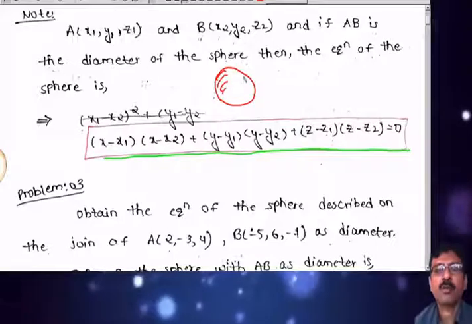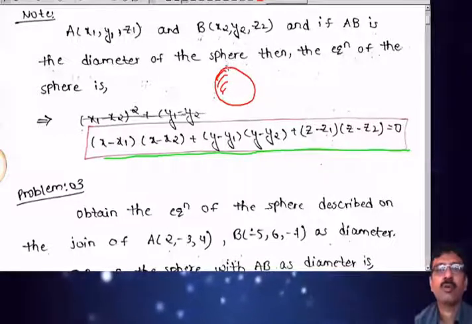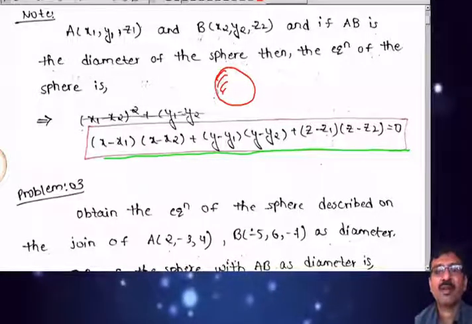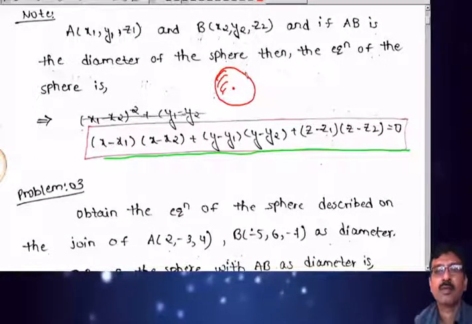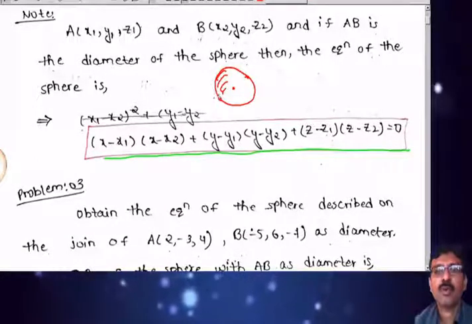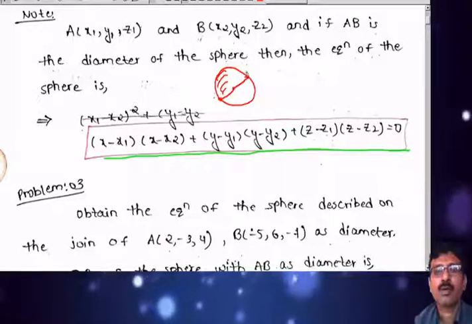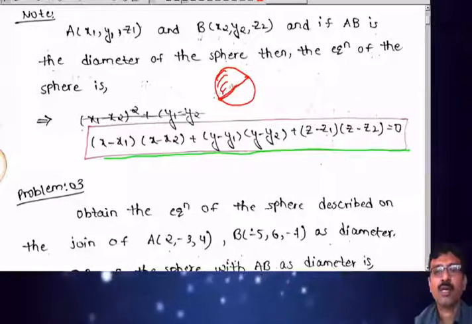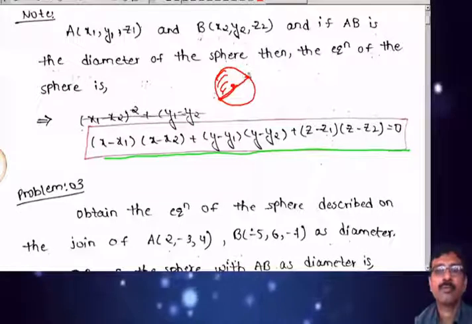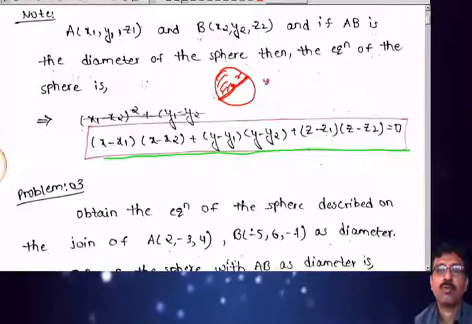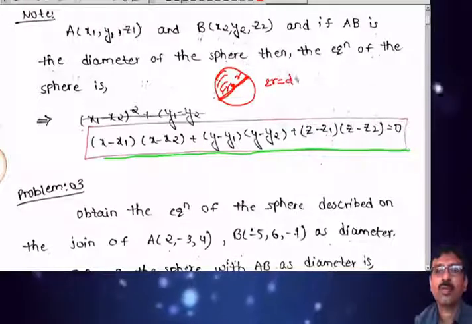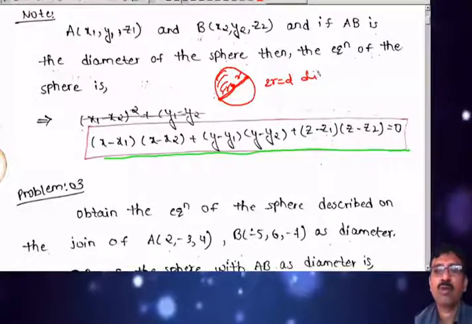I'm not going to draw an exact sphere. This is the center, this is a point, this is a point, this is a diameter, r plus r, 2r equal to d, d is the diameter.